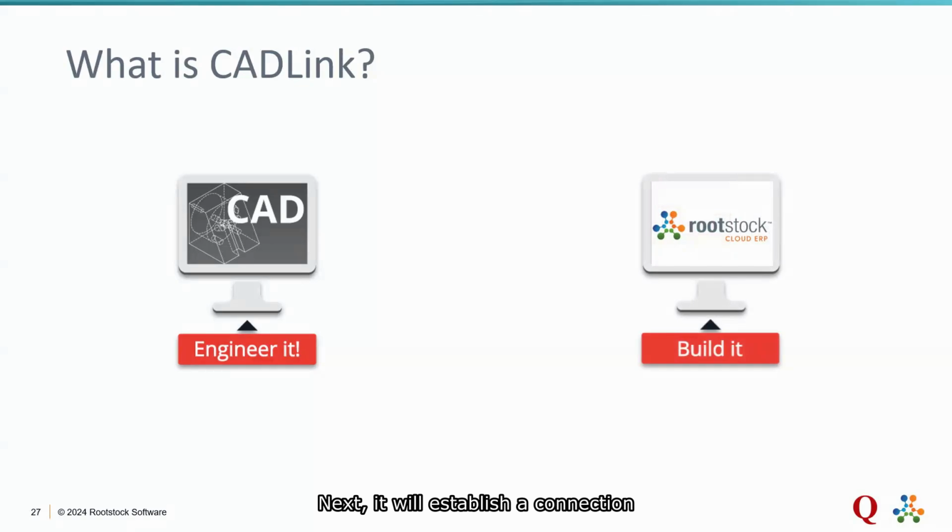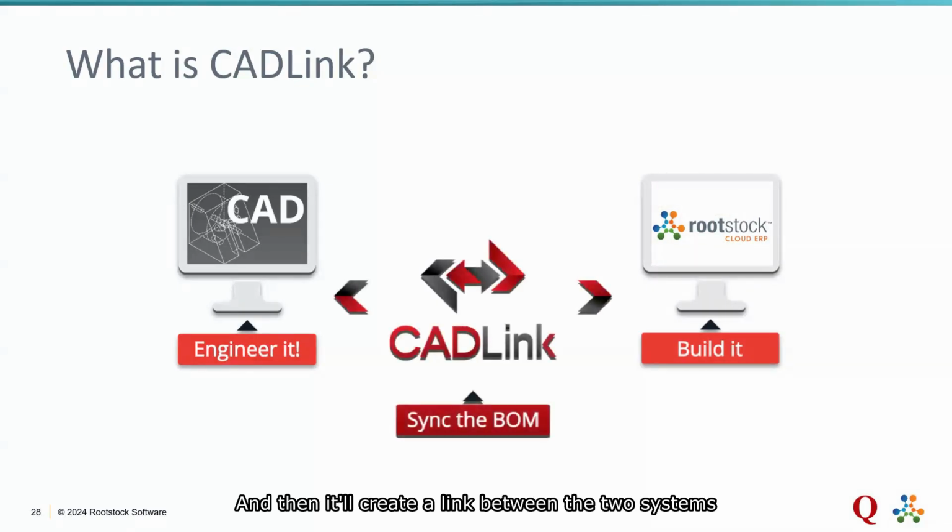Next, it will establish a connection with your Rootstock environment, pull in any relevant data for that specific assembly, BOM, and also the items that you're referring to in your CAD model, and grab all that data. And then it'll create a link between the two systems and do a live comparison between the two sets of data and display it in an interface so the user can verify it, make any other modifications, add routings, operations, etc., before committing those changes into Rootstock and also back into your CAD, PDM, or PLM system.